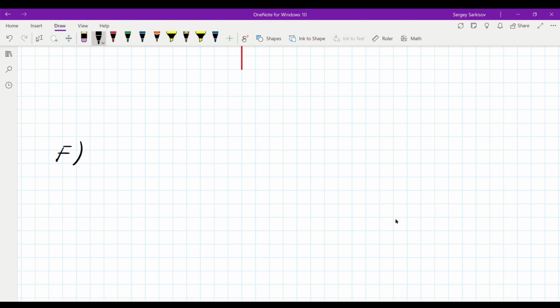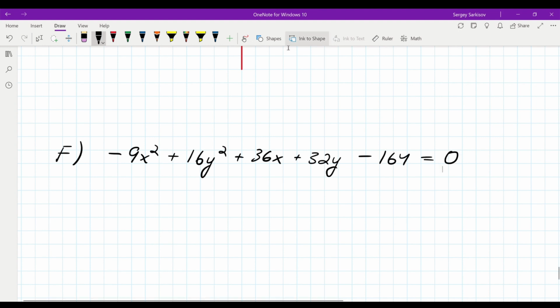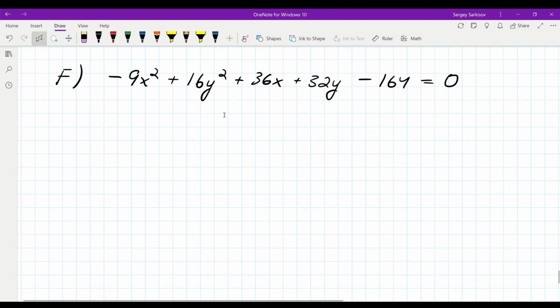Negative 9x squared. I'm going to give you a general form of a conic section, this one, plus 16y squared plus 36x, and let's do plus 32y, and minus 164. So you see it still looks like a general form of a conic section. Let's work with this now. I'm going to speed up a little bit.